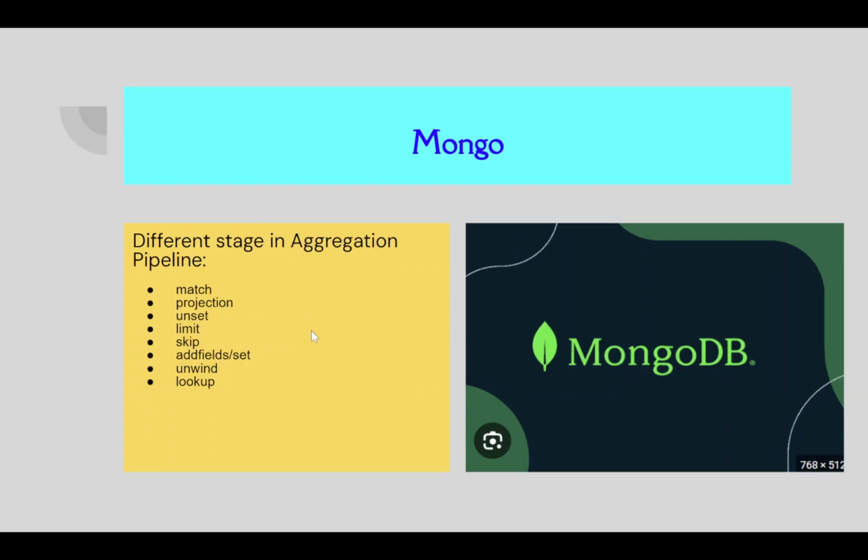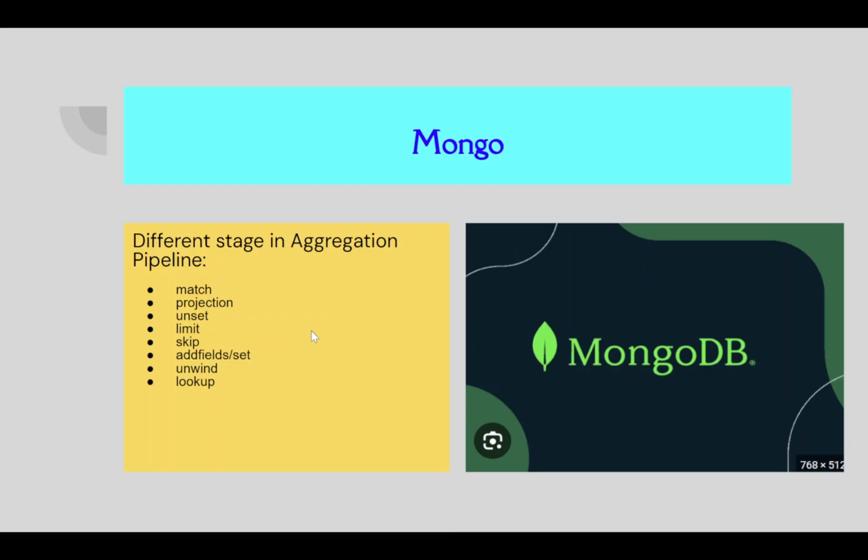So these are some of the different stages in the aggregation pipeline. Match: the match condition specifies the filter condition, like a where condition, like if employee ID is so and so, employee salary is greater than this much, employee country is this.